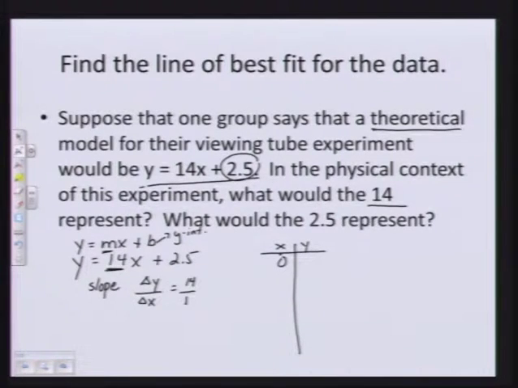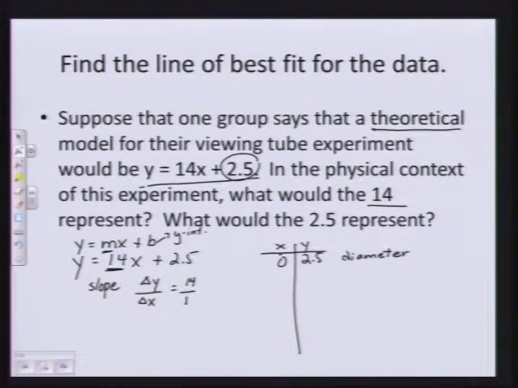If I could shorten the viewing tube, then I would be seeing just the diameter of that tube. So that would mean that the diameter of the tube theoretically would be the 2.5 centimeters. So from this, I want you to grab hold of the idea of taking your model and interpreting it in the physical context: what does the slope mean?